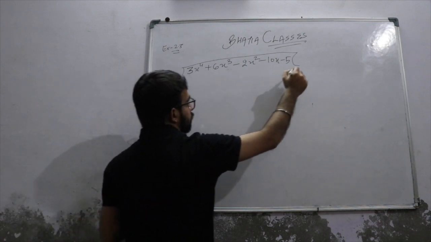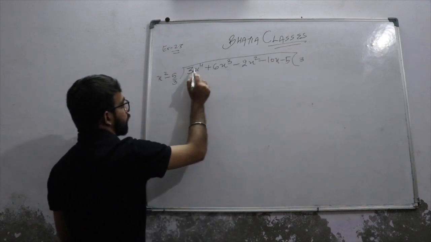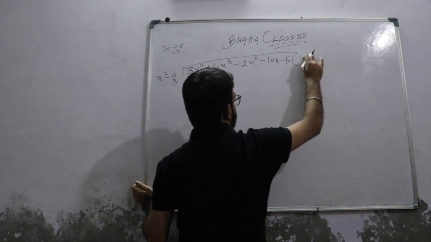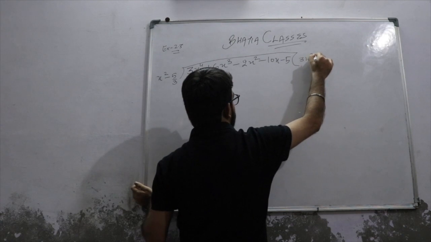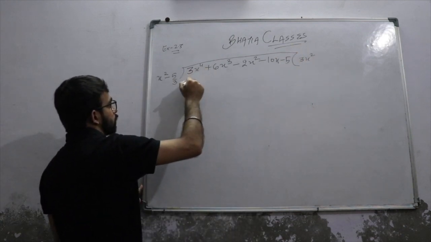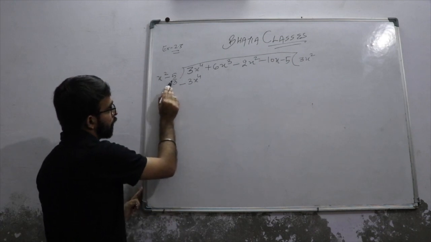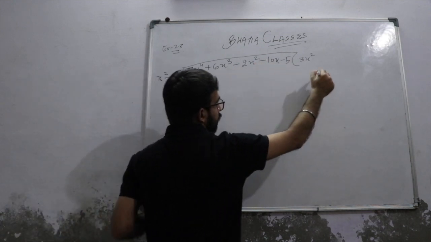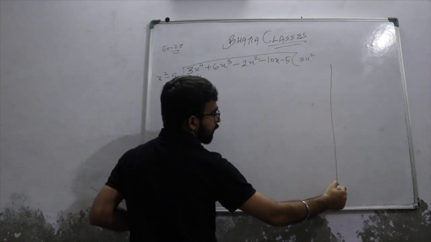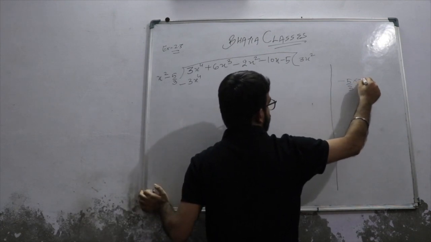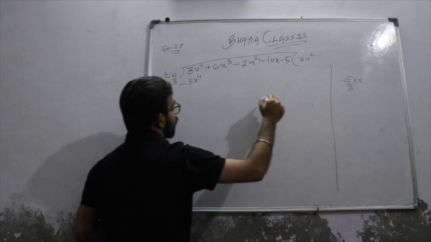Here is 3. x raised to power 4, x raised to power 2. Therefore, x raised to power 2. 3x raised to power 4. Negative. 5 by 3 and 3. Do this in the rough part. Minus 5 by 3 multiply 3, you will get 5.